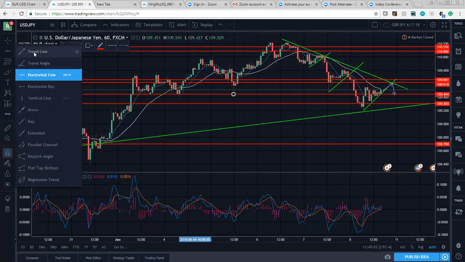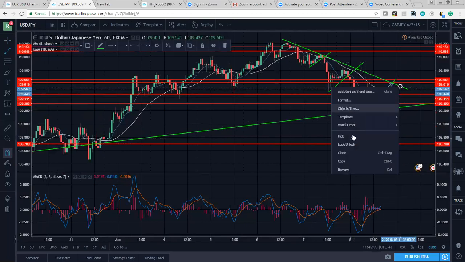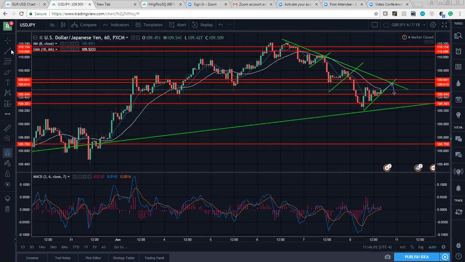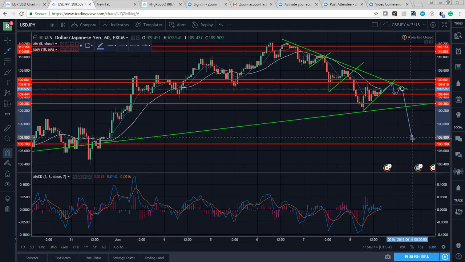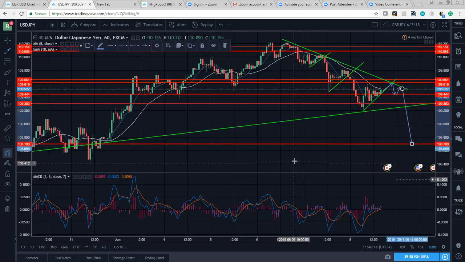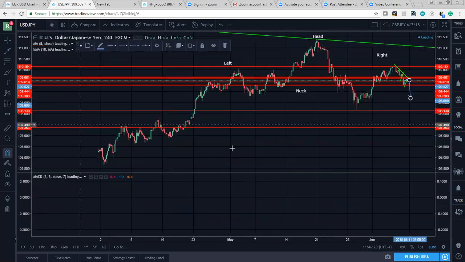Then we will get a small pullback to test the trend line one more time. So we'll get a pullback to here to test the trend line one last time. And then we'll get this move down here to finish the shoulder.